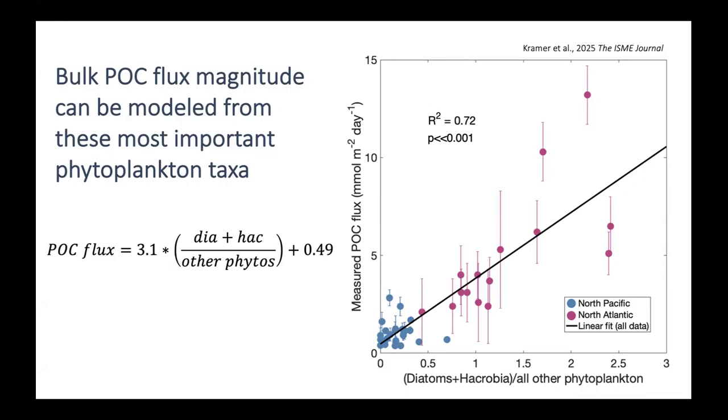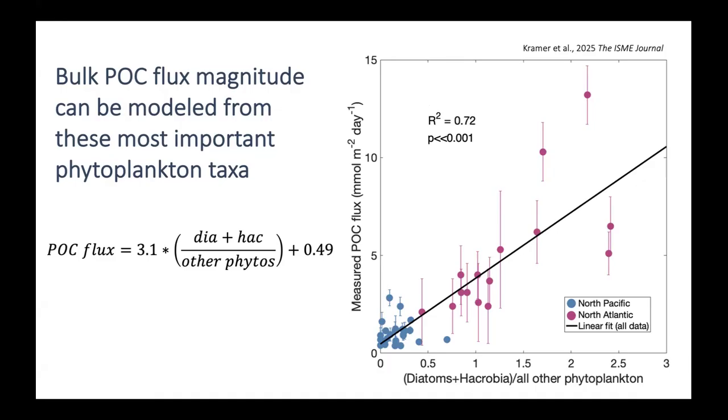Clearly, in the North Pacific and the North Atlantic, we had really different flux conditions, but also really different phytoplankton community compositions. When we looked at each individual ecosystem, we did not see as strong a relationship. We needed to look across the whole range of flux conditions and community composition conditions to get this interesting relationship that we see when we put the two basins together.